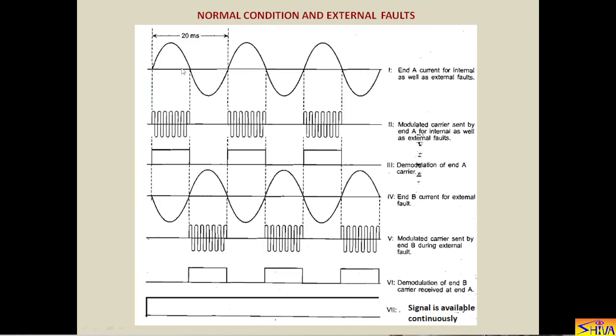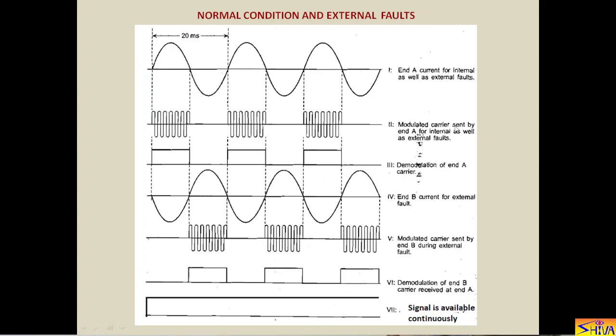For this signal, the positive half cycle is taken and then modulation is provided and carrier signals are generated during the positive half cycle. So these are the carrier signals generated during the positive half cycle.